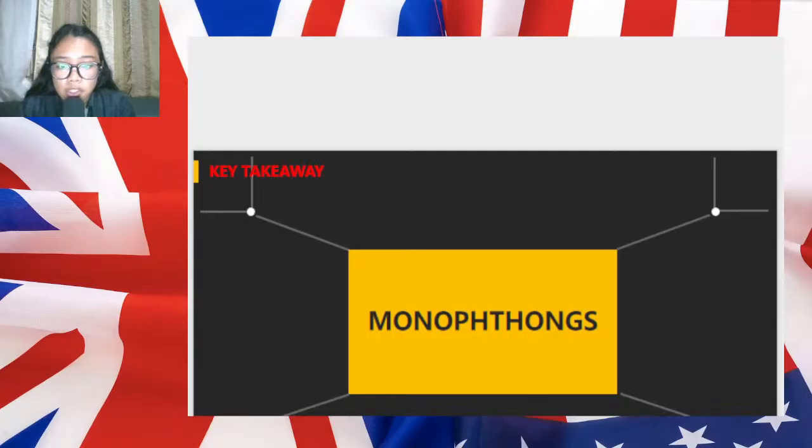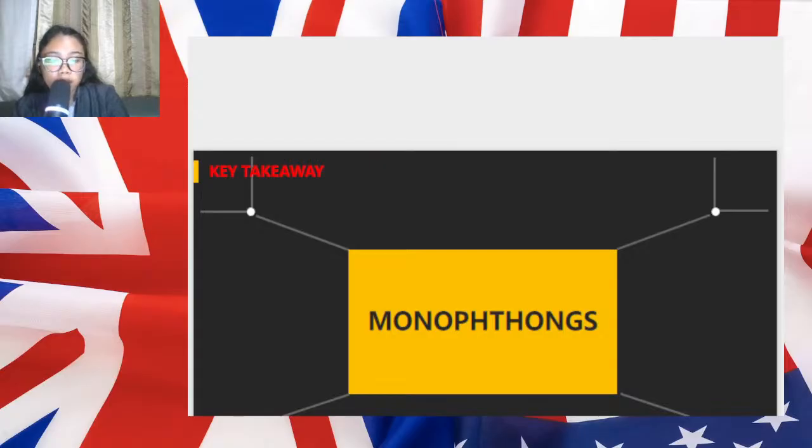Just to quickly recap, a monophthong is a pure vowel sound. This means that when you produce it, your tongue and jaw stay in a relatively stable position. There's no significant movement or glide from one vowel position to another within that single sound. So it's a single unchanging vowel quality. Think of it like holding one note steadily when you sing.